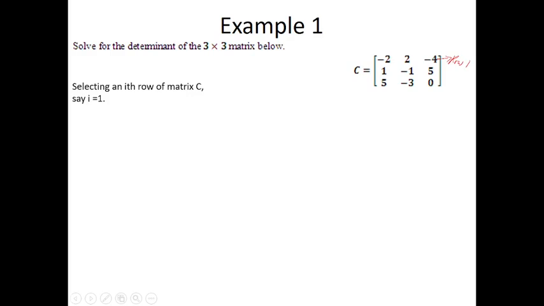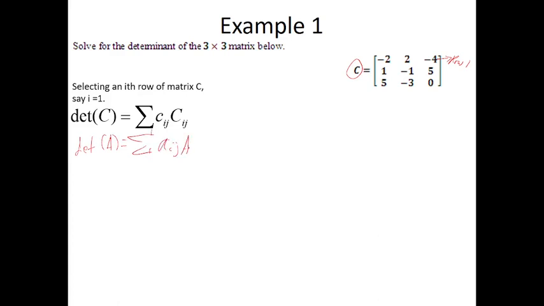So, in the ith row, say i equals 1, we have this formula now. We will evaluate the determinant of C using the cofactor method, applying this formula. Kasi yung ating original niyan ay determinant of A, summation, aij times Aij, right?